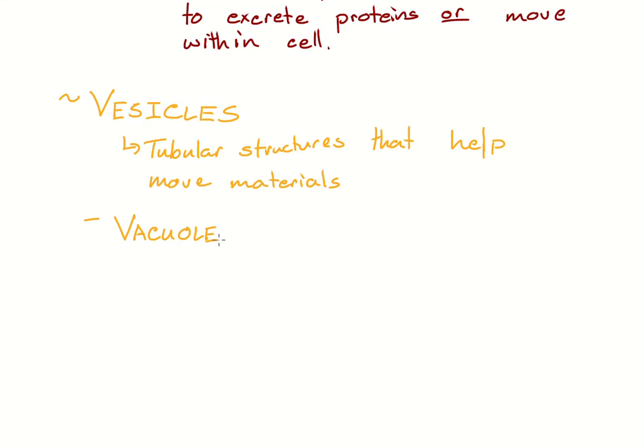Now, specifically, a vacuole is most common in plants, but there are vacuoles in some animal cells. Beyond this, since it's just a tubular structure, it can hold stuff. Like there's a hollow inside.